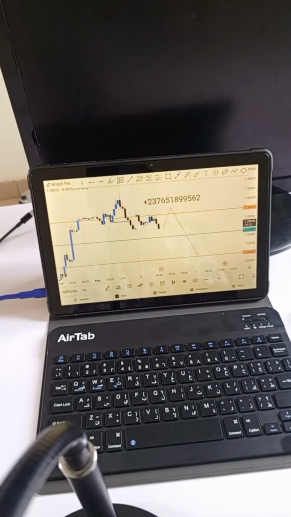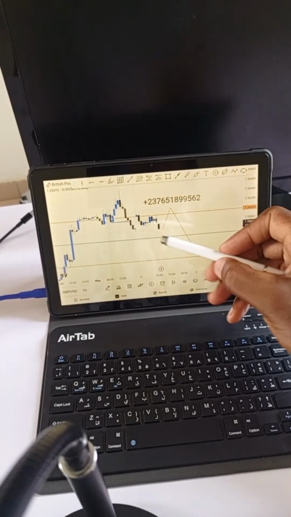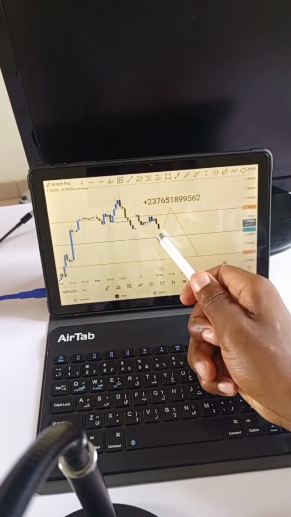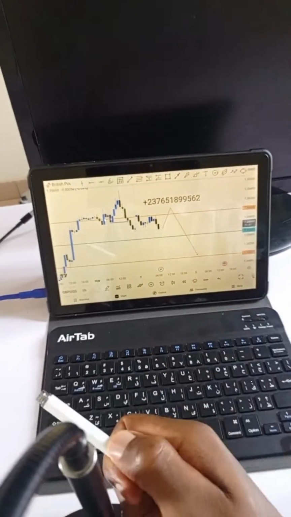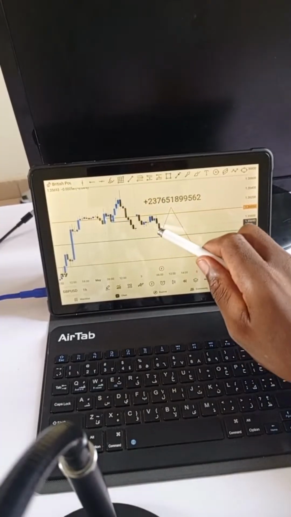So price has decided to move away from here because this is actually where we had to enter this key level, but we now just have hope. Okay, we just have hope that price might.